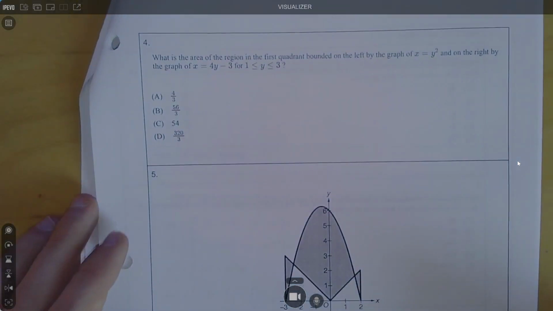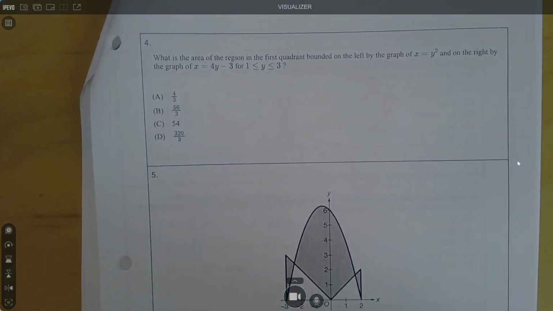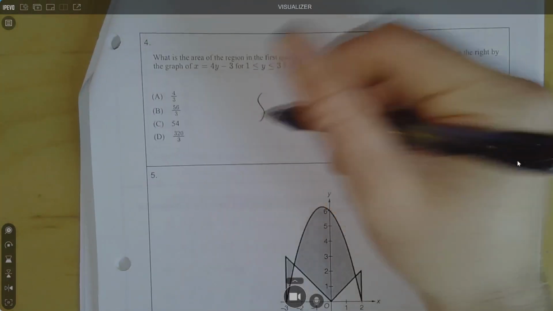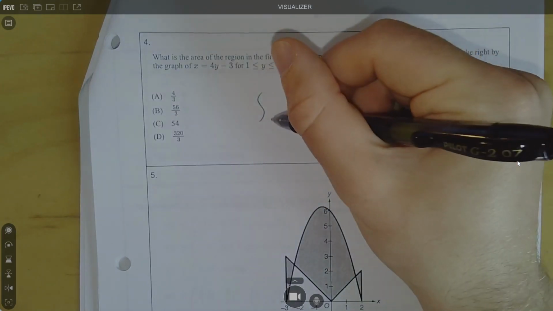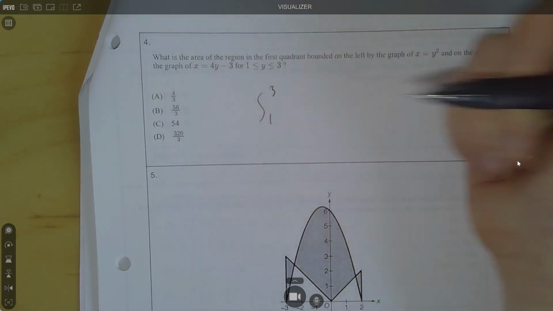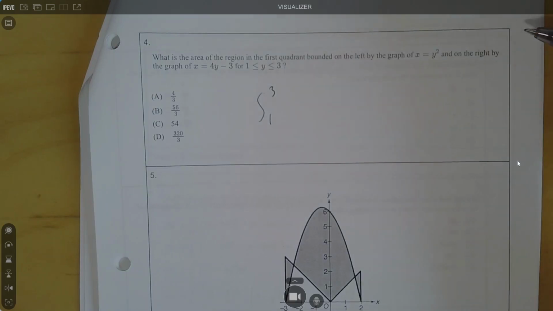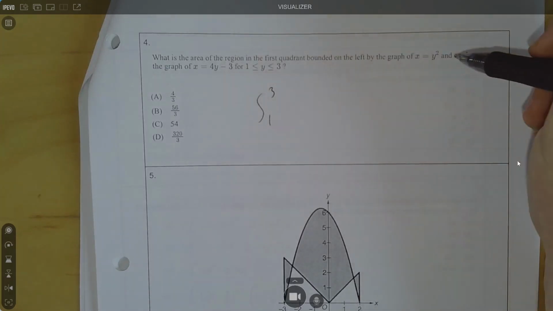4. What is the area of the region in the first quadrant bounded by the graph of y equals x squared on the right and the graph of x equals 4y minus 3 for y from 1 to 3? Okay. So we're definitely integrating from 1 to 3. That's given to us. It's a right and left situation. We're just going to treat this like it's x.